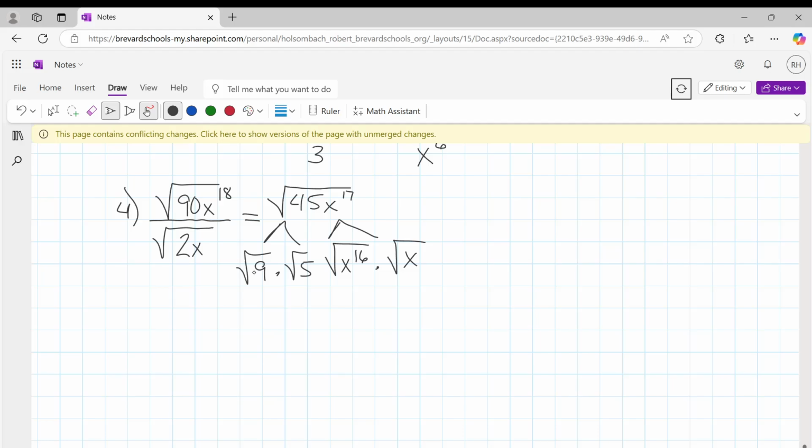The square root of 9 is equal to 3. And the square root of x to the 16th is equal to x to the 8th. And then combine what's not under the radical, which is 3x to the 8th, and then combine what is under the radical. So that's 5x.